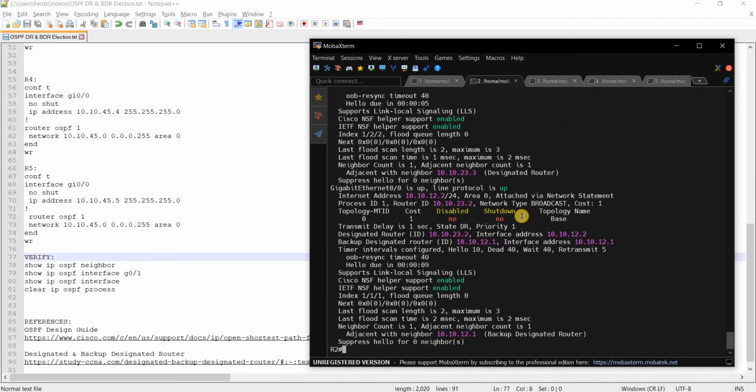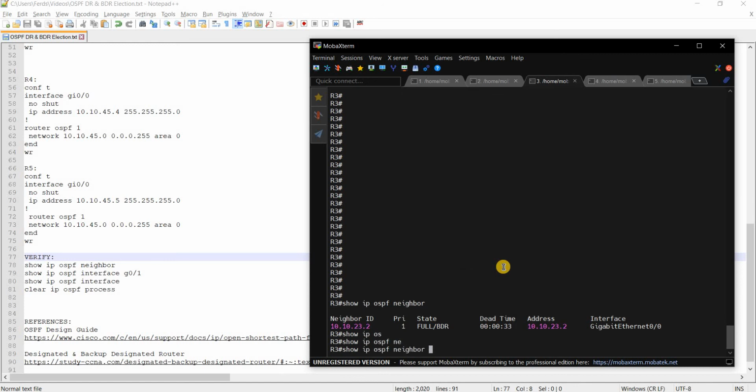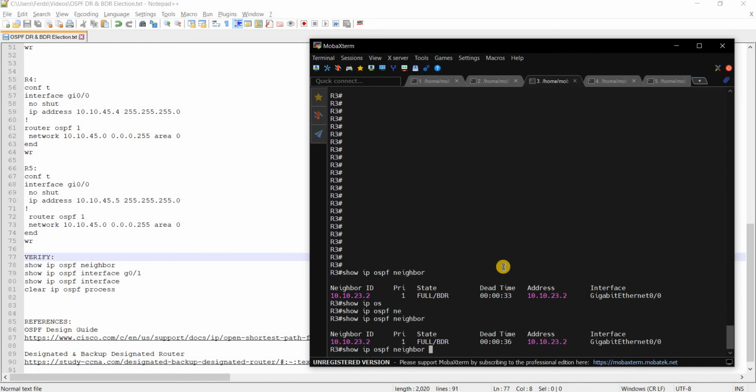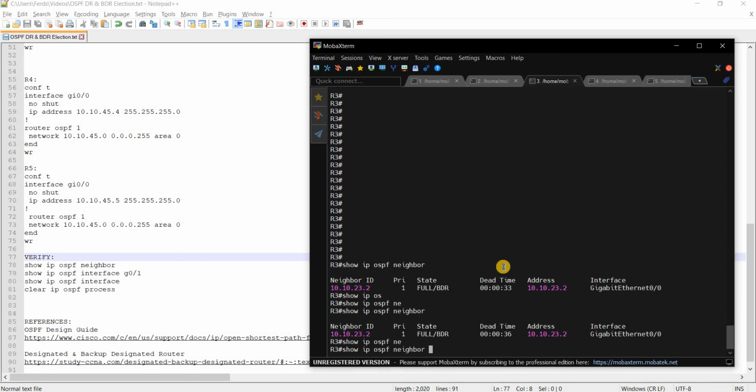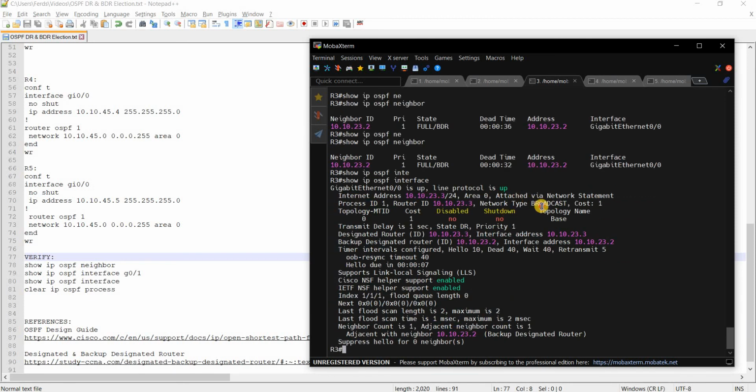Yeah, broadcast, broadcast. So we are also verifying the network type, not just the BDR and DR election. Yeah, the network type is broadcast as well.